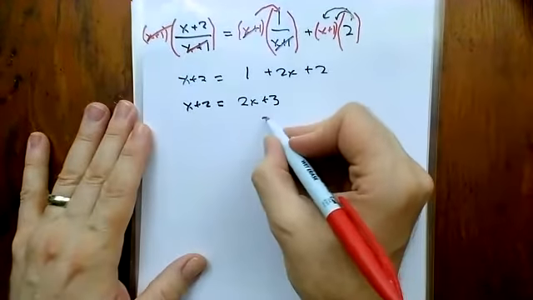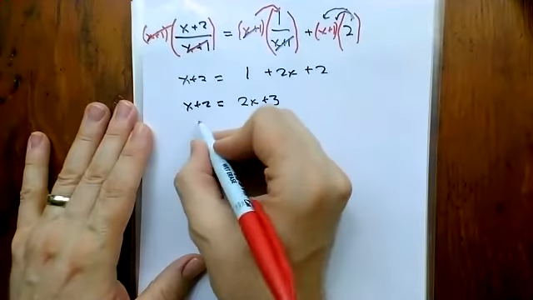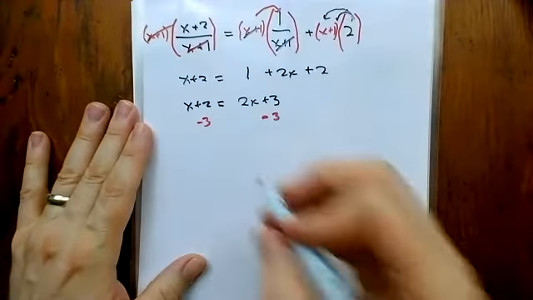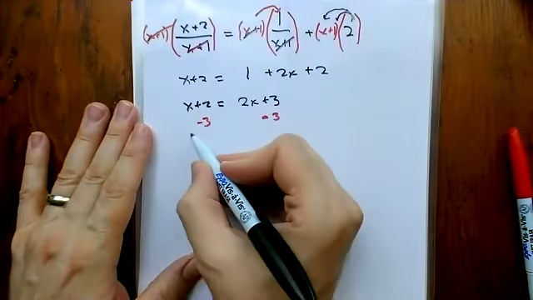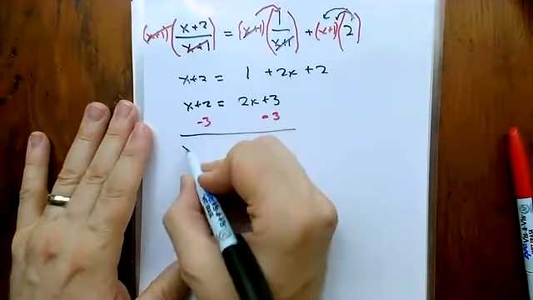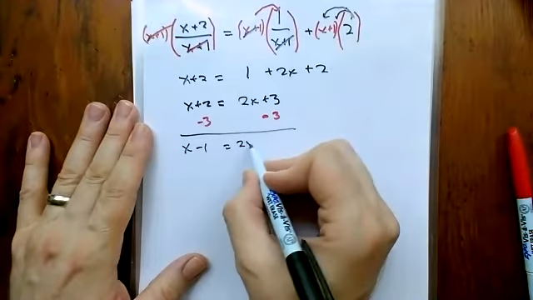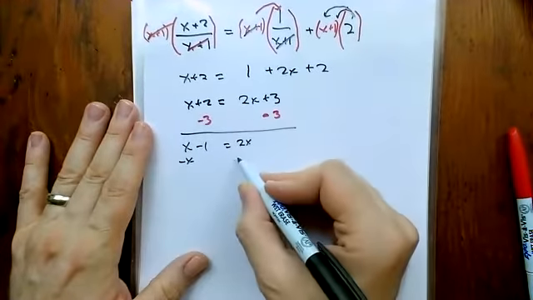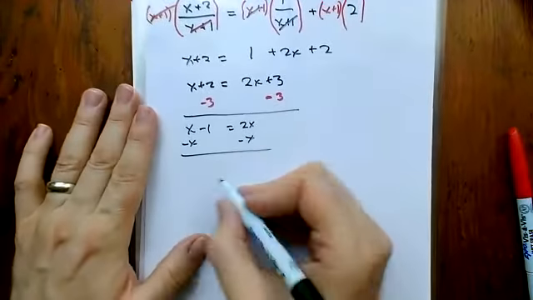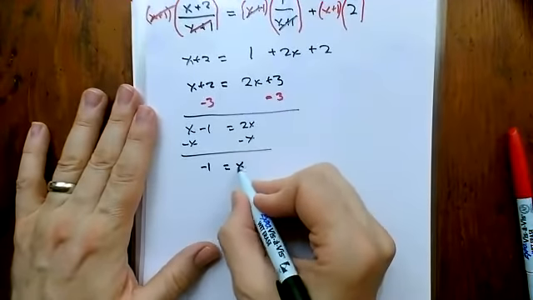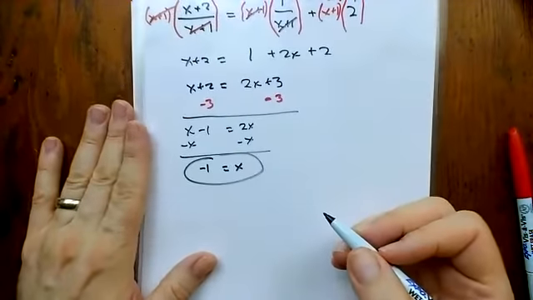And now I can subtract 3 from both sides. That way I've got all of my constants on one side, so I've got x minus 1 is equal to 2x. I'll subtract x from both sides now. So I'll have negative 1 is equal to x. That seems like a pretty good answer, right?